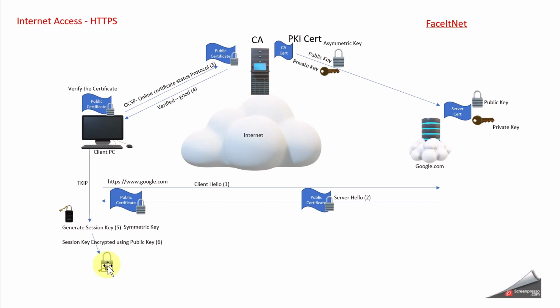So your session key, the one that you just generated, has gone inside the received Google public certificate. So this is now like a closed one. You put the session key and locked it using the received public key, so this cannot be opened. Remember, this key has only a single lock, and that lock is only with Google.